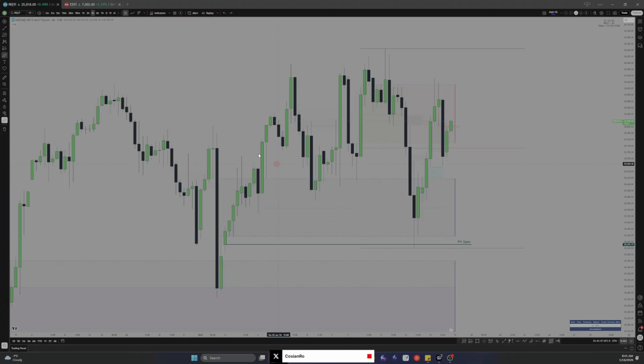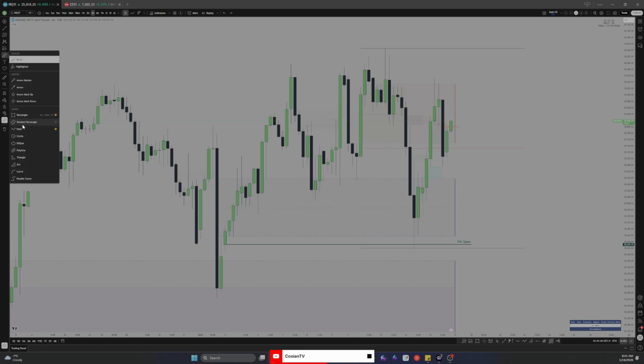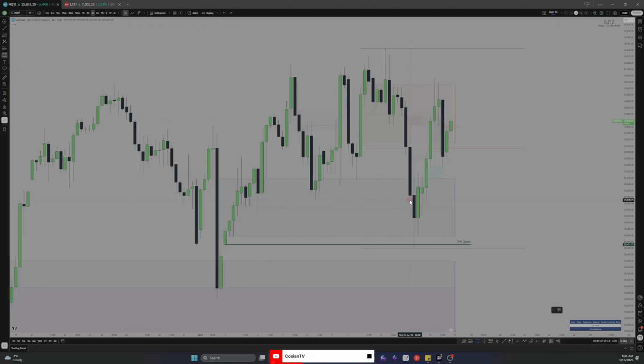We see that is this balanced price range, of course, and we see that now the market created this order block. And to continue, price came down and tapped this order block and is now going higher.